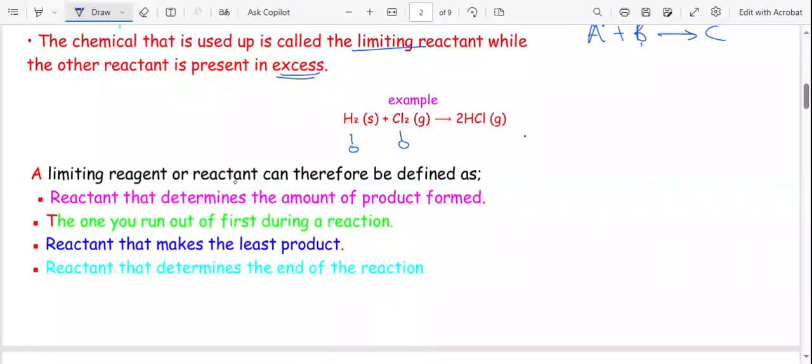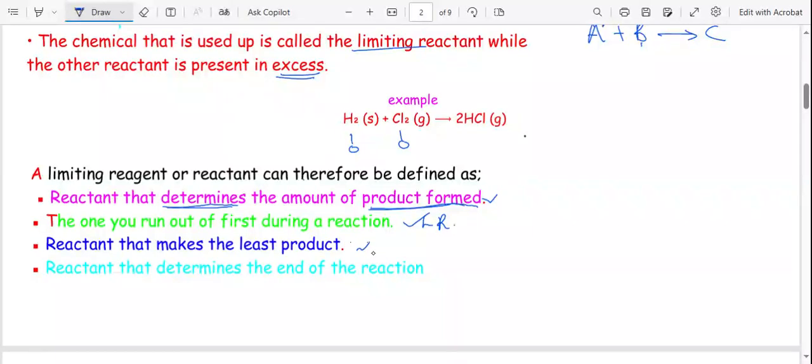So a limiting reagent or reactant can be defined as a reactant that determines the amount of product to be formed, because if this reactant is used up, the reaction stops and we won't form more product. You get? It can also be defined as the one you run out of first during a reaction. We can also say it's the reactant that makes the least product.